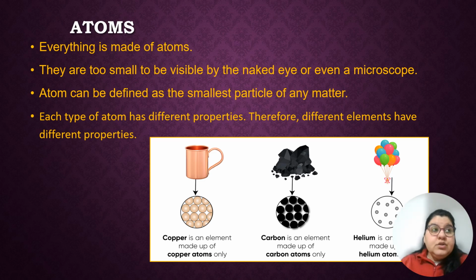By the way, do you know why helium gas balloons rise up in the air? Anyone? Yes, absolutely correct. Helium atoms are lighter than air. That is why the balloons tend to rise. Let's move on to the next slide.